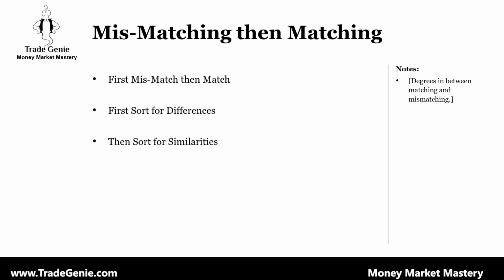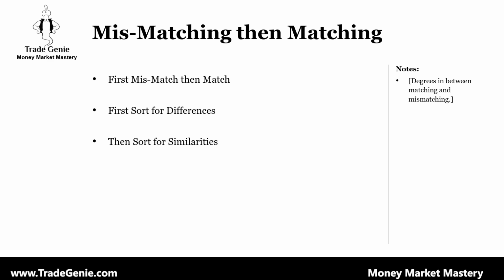And then there are people who mismatch and then match. They look for the differences first, and then they sort for the similarities. First mismatch, then match. So maybe you're seeing something, and something is not looking right, but there are a lot of things which are looking right. You're immediately looking at what is not looking right.